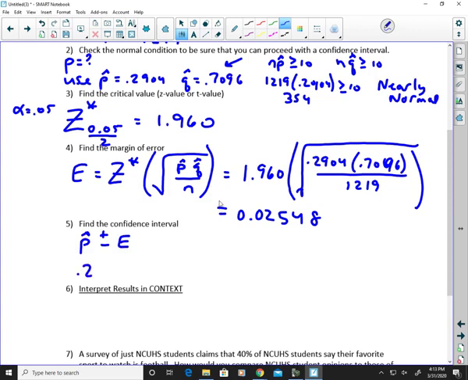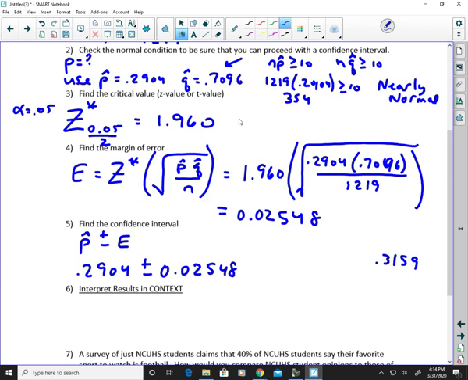So 0.2904, and I need to add and subtract the margin of error from my value. And so that gives me a high value of 0.3159, I guess, with rounding.